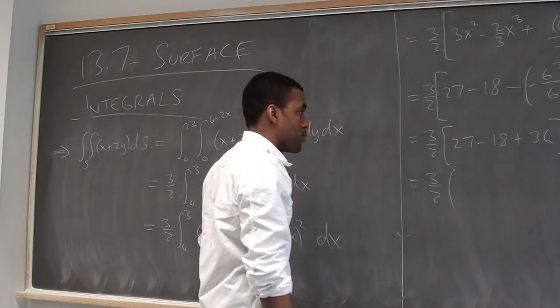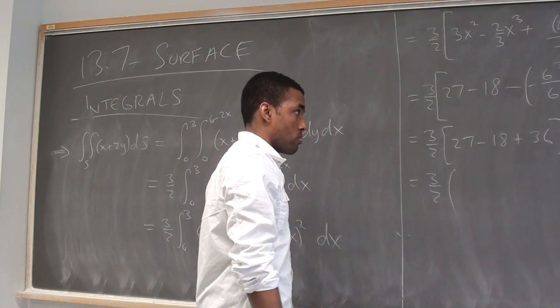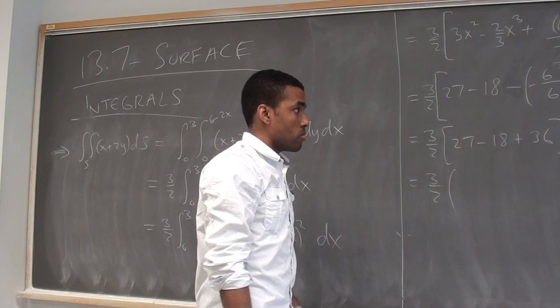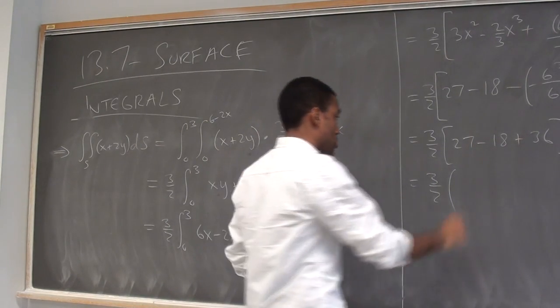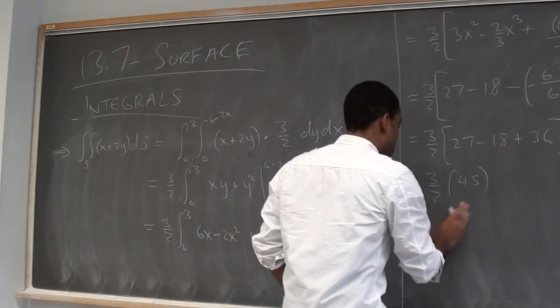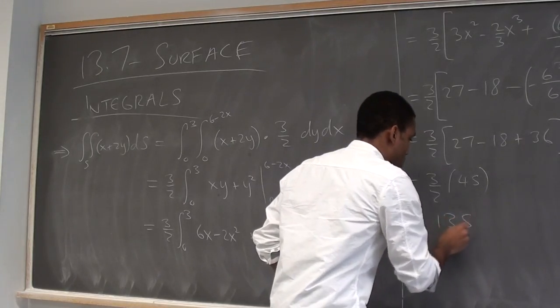What's that? Nine times 45. 45. And 3 times 45? Yeah, 135. Yeah, 135 over 2.